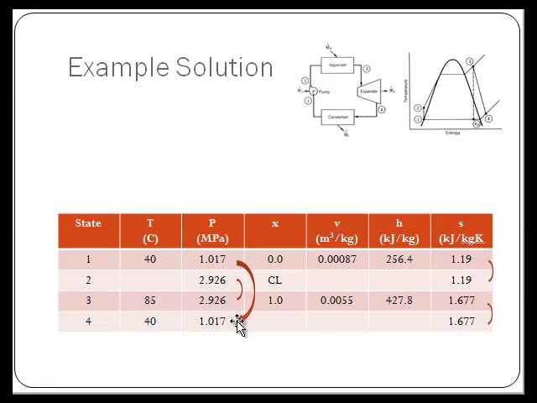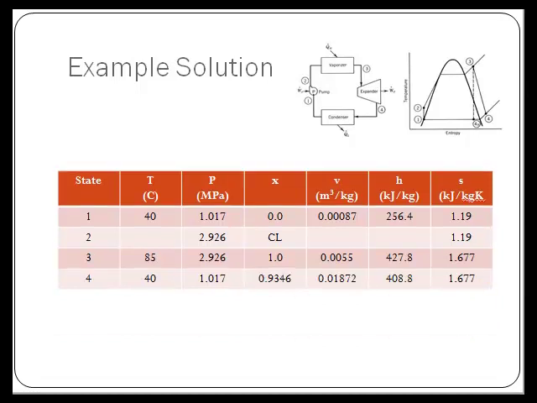I can get these others. Now this state has enough to look up the data. And when I do that, I end up with this. But this one, I do not have a compressed liquid table for refrigerant 134A, so I'm stuck. So this is as far as I can go with the tables. But I've done really well for starting with only 2 temperatures and 1 quality.